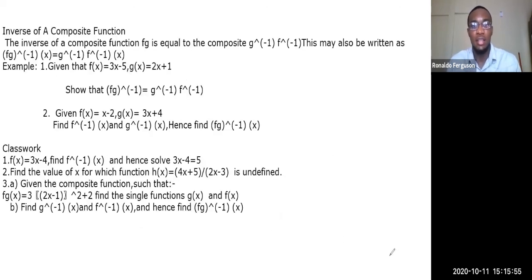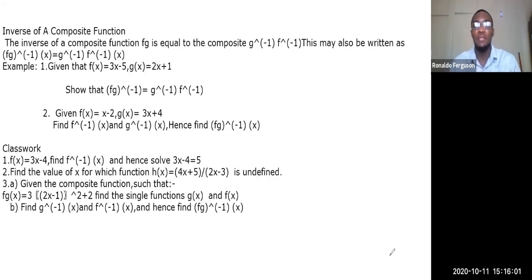Now finally, the next thing we want to look at is finding the inverse of a composite function. The inverse of a composite function can be difficult to find, but it's very easy. This is how they generally write it.